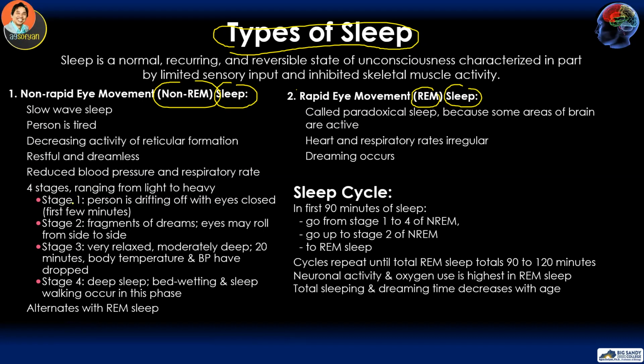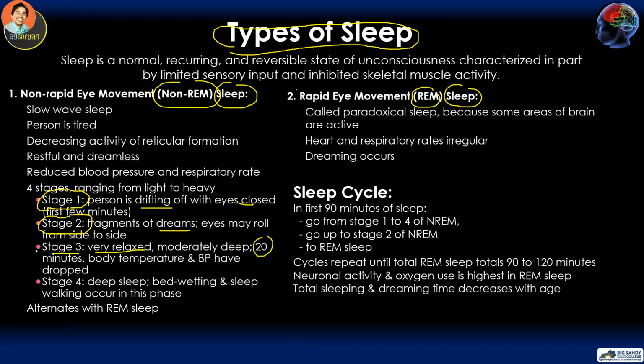It has four stages. Stage one is the first stage, when the person starts to be sleepy. They're drifting off, the eyes close for the first minute, and then it goes to stage two. They might have some fragments of dream. Stage three, they are very relaxed, moderately asleep, not in deep sleep yet, maybe about 20 minutes.